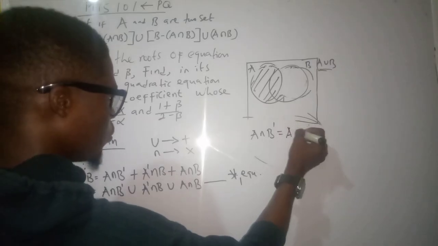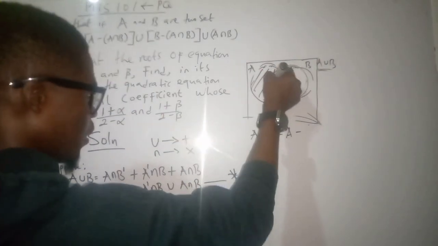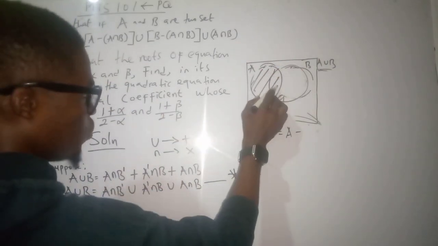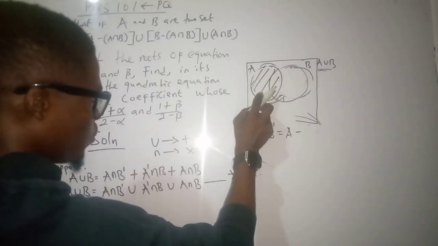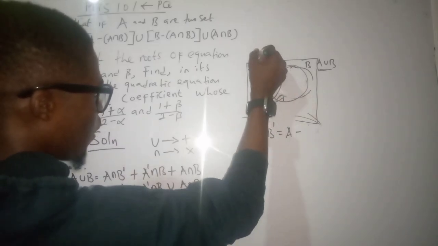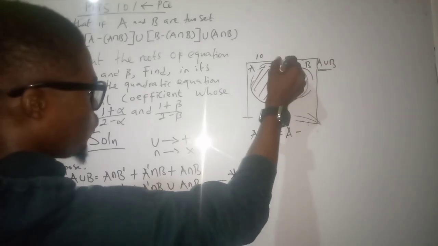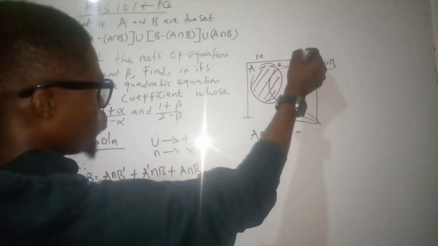That will be A minus the intersection, because in this intersection we have A and you have B there. So the value you have for A, then you subtract the intersection. At least we are having 10 and 5 here, and 12 here.